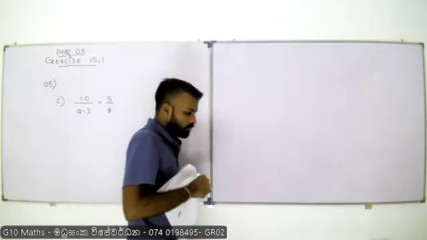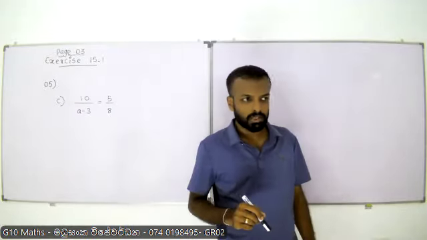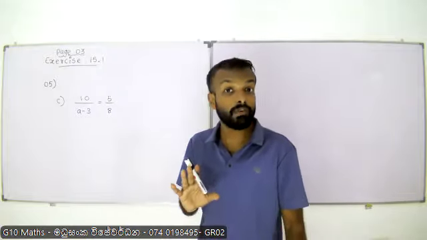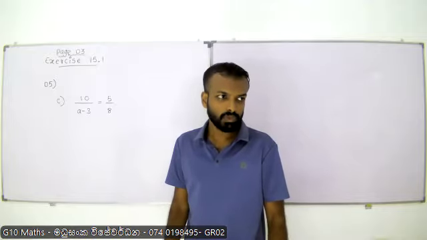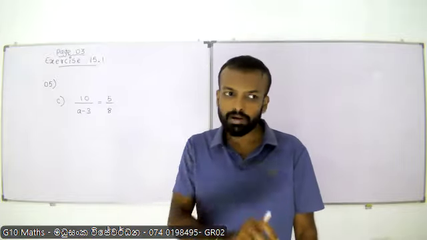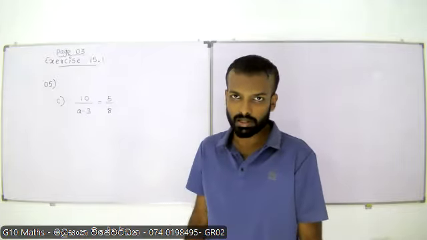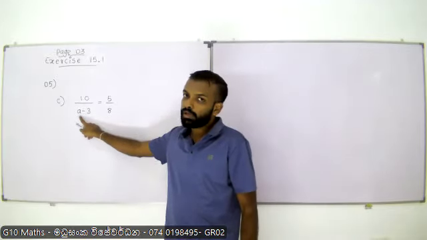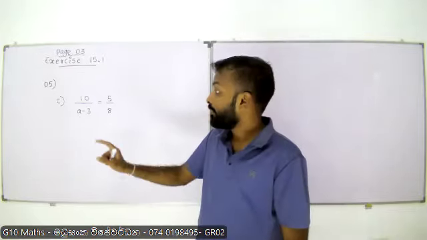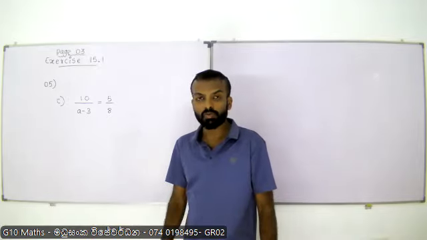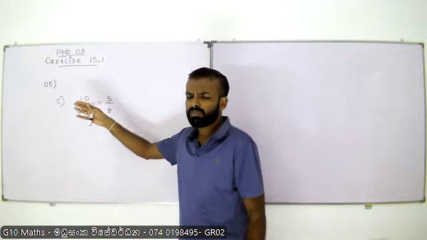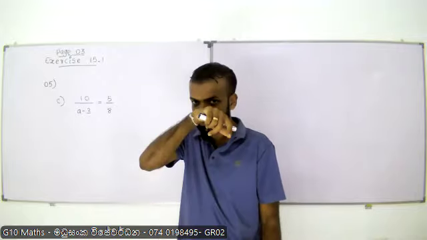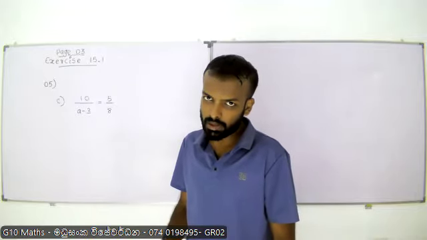When you see these kinds of things, you just apply cross multiplication so that you can find the value of a. The only unknown variable is a, so you are going to find the value of a. If you see two fractions on both sides, you may apply cross multiplication so that you can easily solve this and find the value of a.